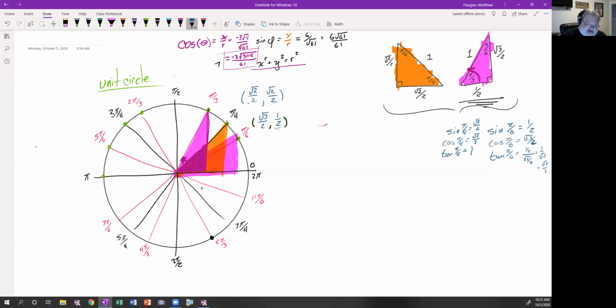But because it's essentially the same triangle, it's going to have the same values, except the x value is the 1/2 and the y value the square root of 3/2. So again, what's the sine of pi over 3? Well, sine of pi over 3 is going to be the y value, square root of 3/2, and so on.